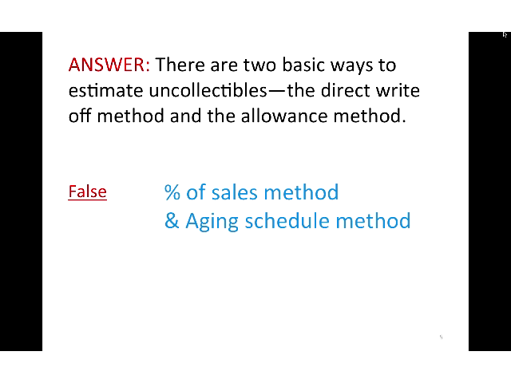So if you use the direct write-off method, you could make the sale in 2012, and in 2014 you determine that they're not going to pay you and you write it off. So you've got the revenue in 2012, the expense associated with that revenue in 2014, so you've got a mismatch. That's why the direct write-off method does not work.